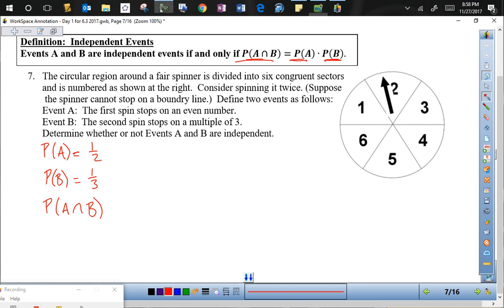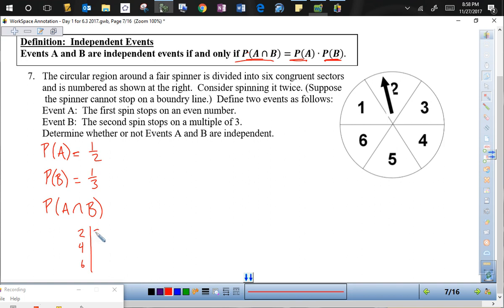I'm going to start out by making a stem and leaf type plot here. My first event was stopping on an even number, so I'm just going to list all of my even numbers. We've got 2, 4, 6. Each of these, the 2, the 4, and the 6, we're going to pair up with the second event. It says the second spin stops on a multiple of 3. Multiples of 3 are 3 and 6.